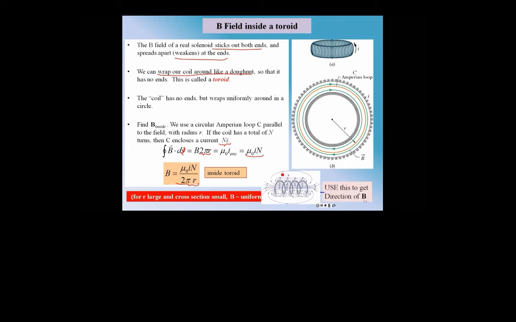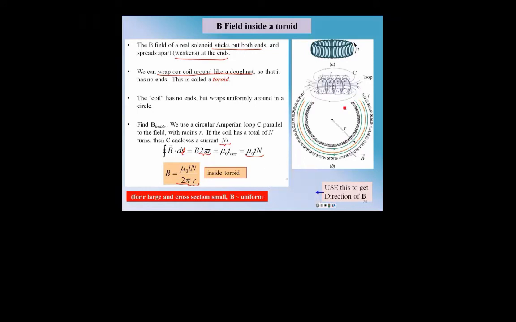Just to get the direction of the B field, consider a coil as part of this. So think of this as being large enough R that you can almost think of it as a coil. And we've already shown how to get the direction of this kind of coil. And so if we put it up here, you'll notice that the current is coming out of these windings and going in here.